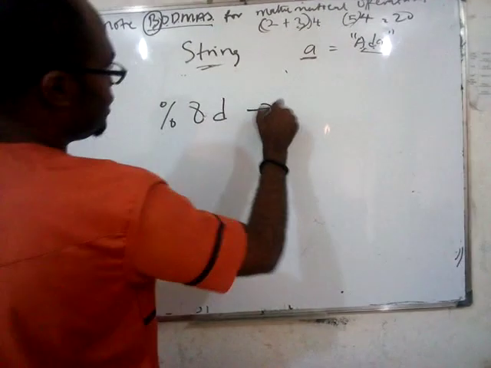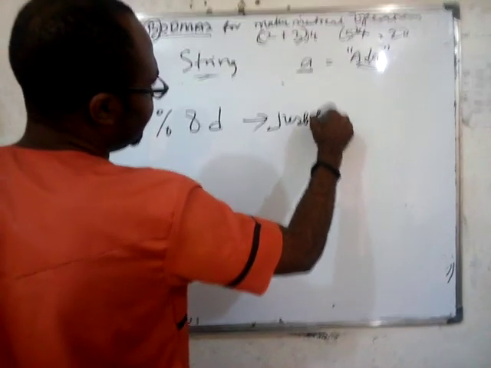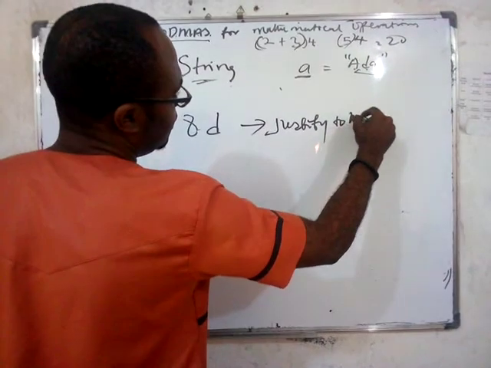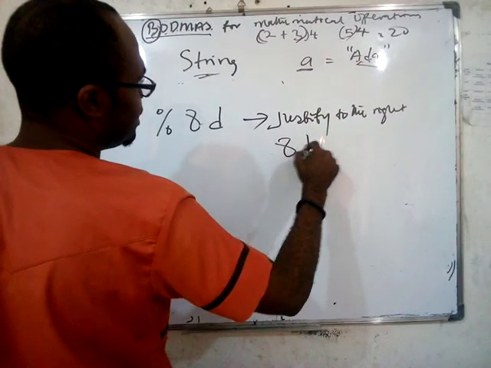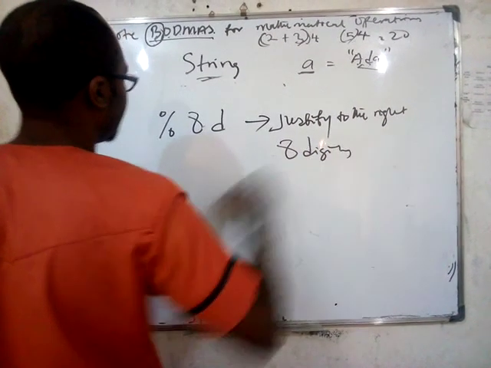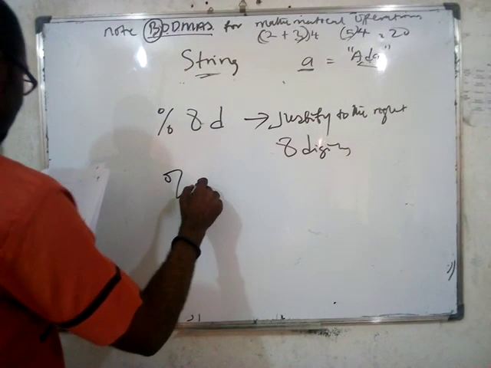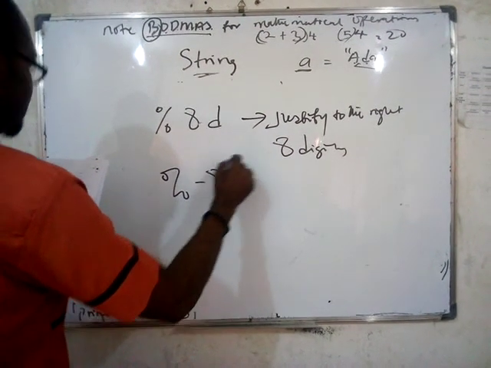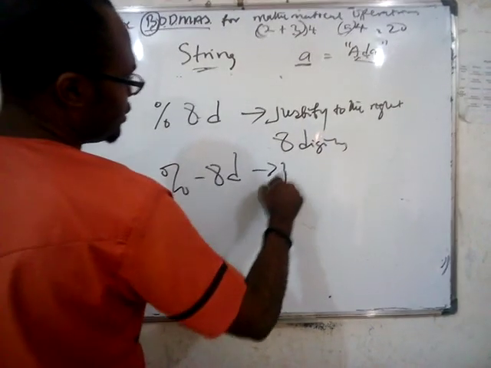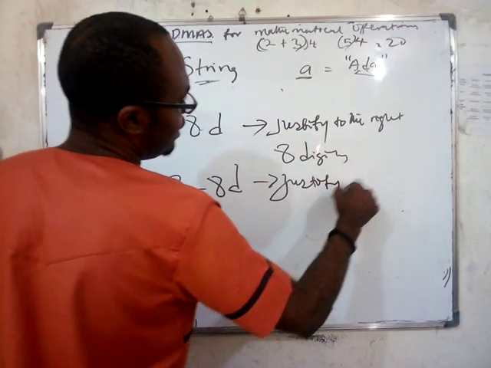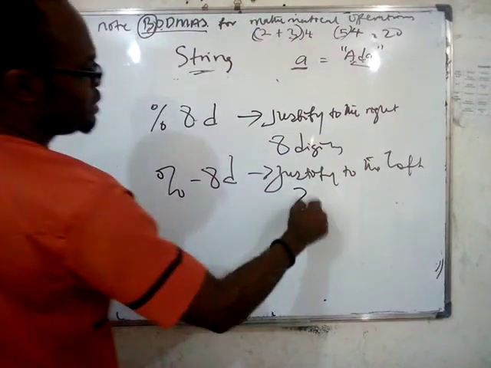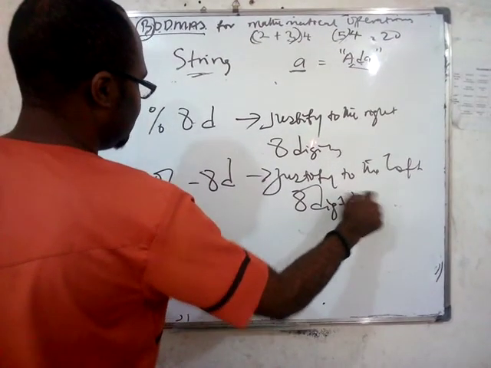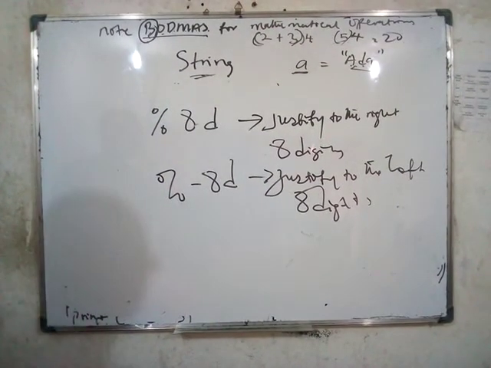You understand? This one means justify to the right by how many digits? 8 digits. But when you have something like this, it simply means justify to the what? Justify to the left by how many digits? Still that same what? 8 digits.